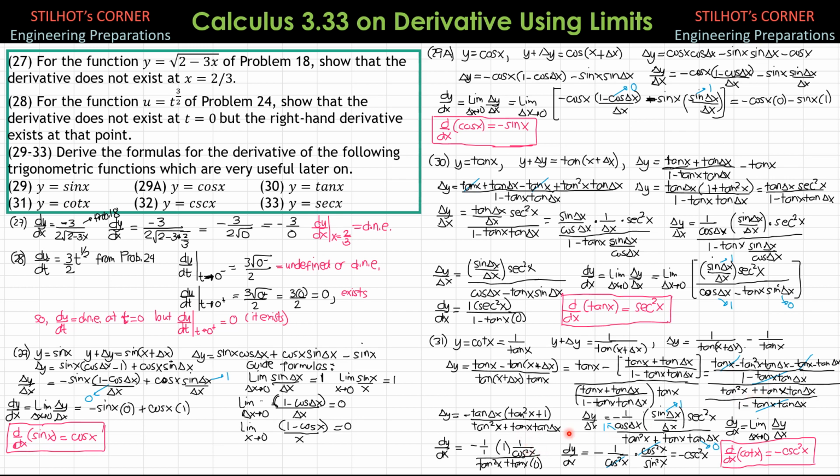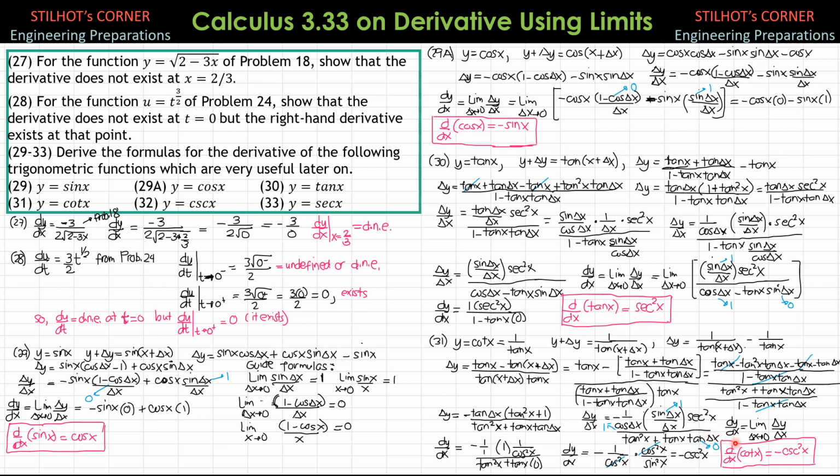Divide everything by delta x, so delta y over delta x is negative 1 over cosine delta x. By the way, sine delta x over cosine delta x is the tangent delta x, and the negative sign is also written. This is now the delta x that is divided to both left and right side of the equation. Then we have secant square x all over, we just copy the denominator.